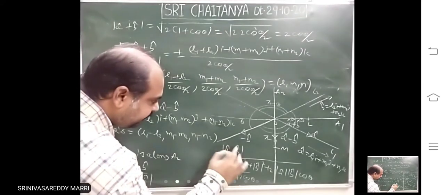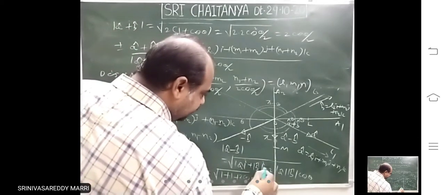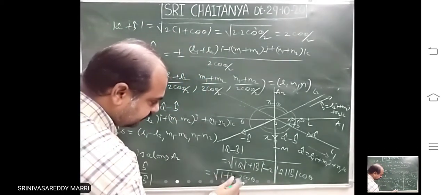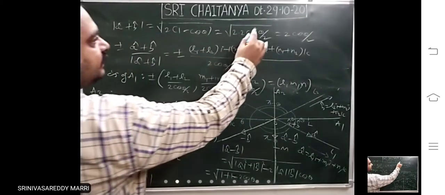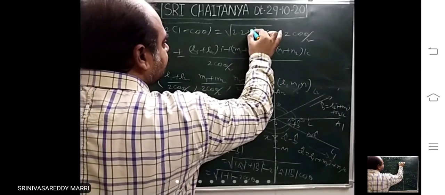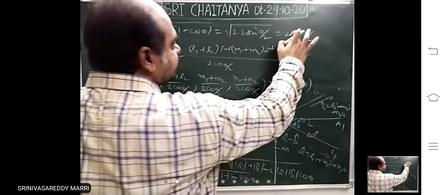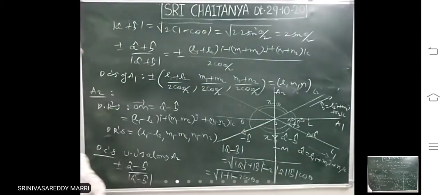Suppose here, similarly if you calculate A cap minus B cap, here minus you will get. Here 2 sine square you will get, from the 1 minus cos theta formula, that is 2 sine theta by 2.